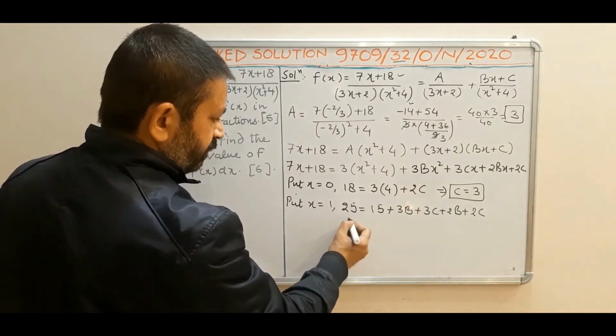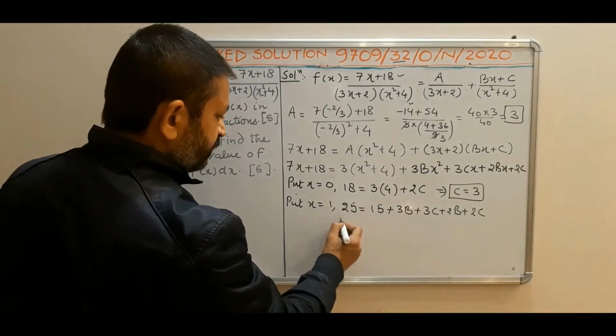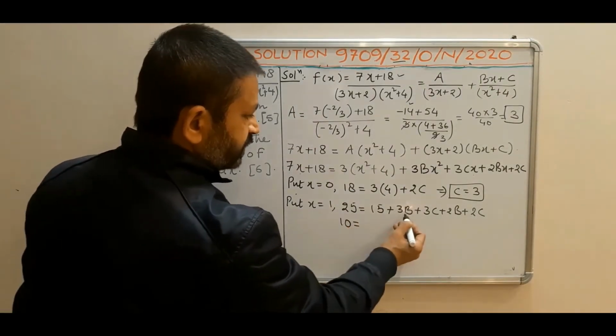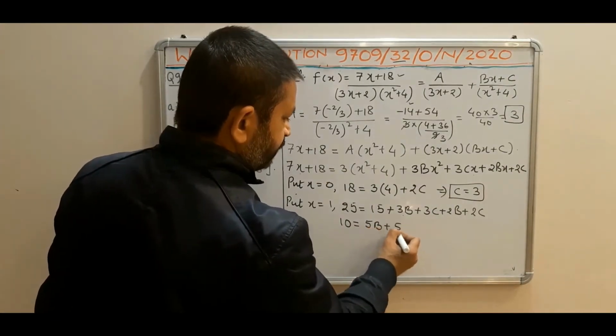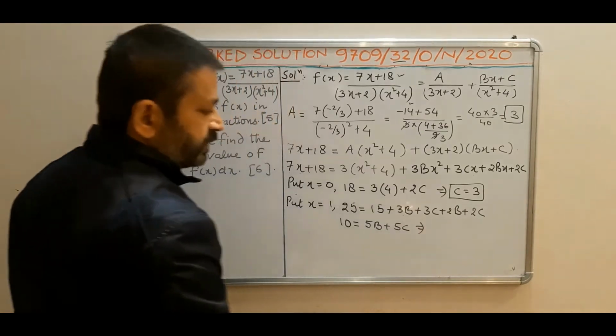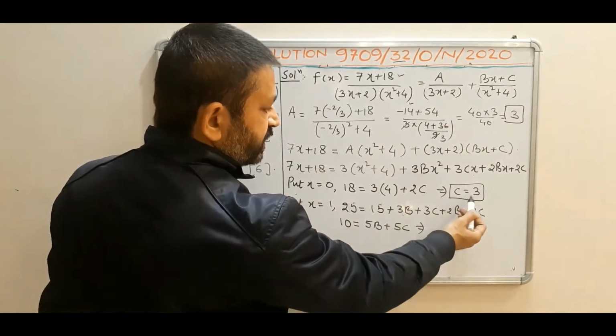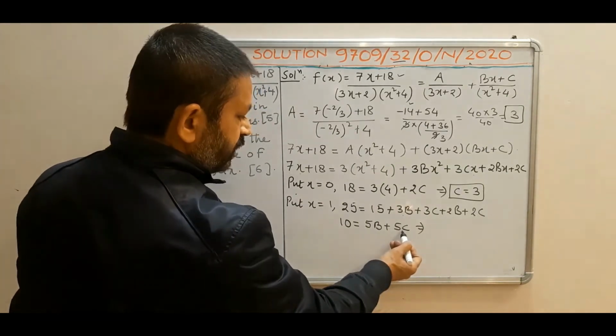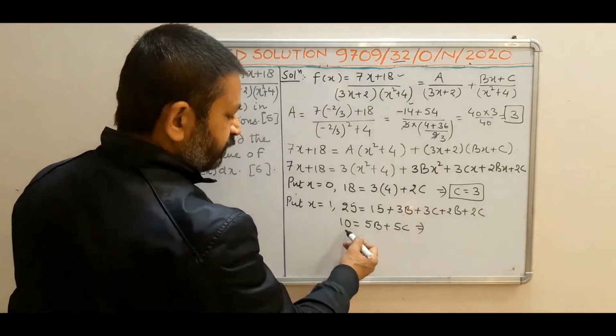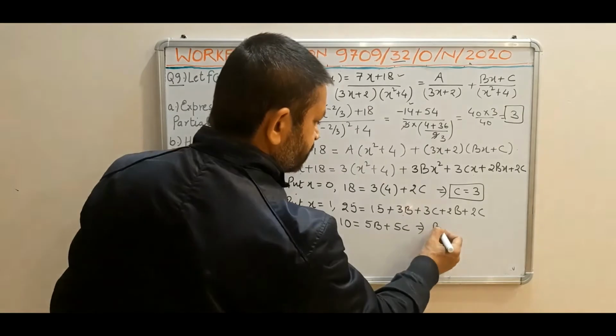So 25 minus 15 will be 10 equals 3B and 2B, 5B plus 5C. What is C? C is 3. So just put C equals 3 here. It will become 15, and then 10 minus 15 will be minus 5. So B comes as minus 1.